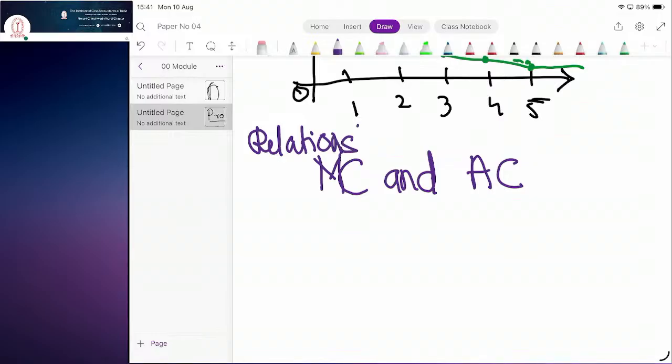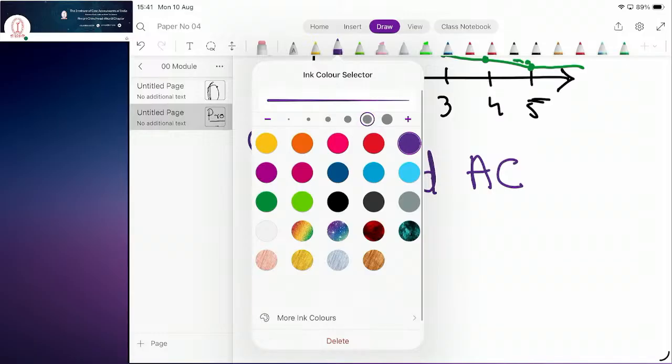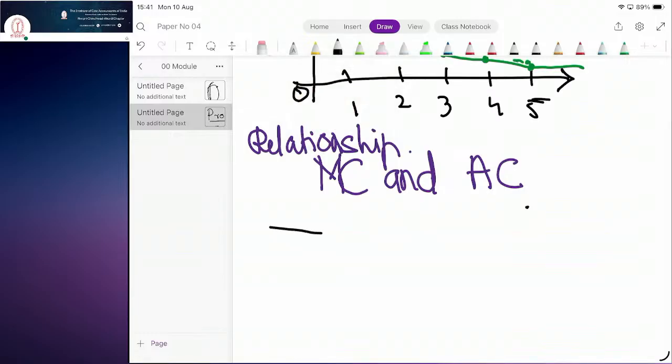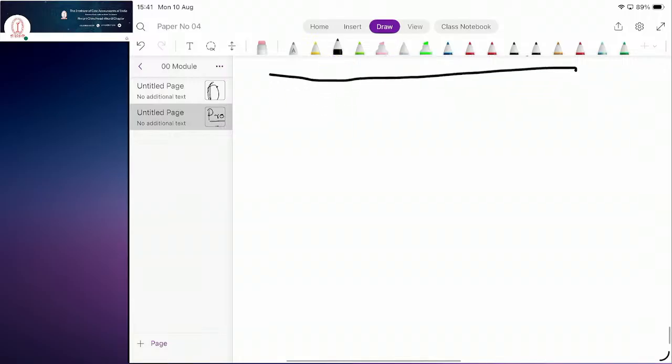You can read and come so that it will help you. If you have any doubts and difficulties, then I can handle that. Okay. Did you understand? In tomorrow's lecture we will try to complete this very important idea of the relationship between marginal cost and average cost.